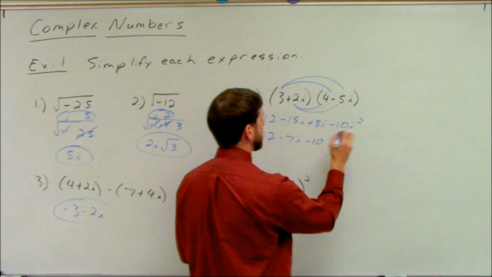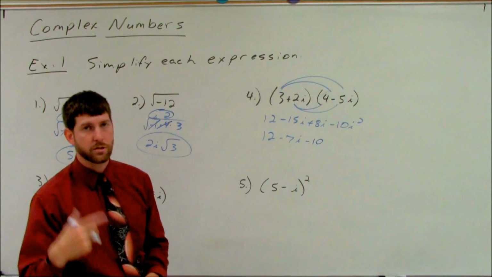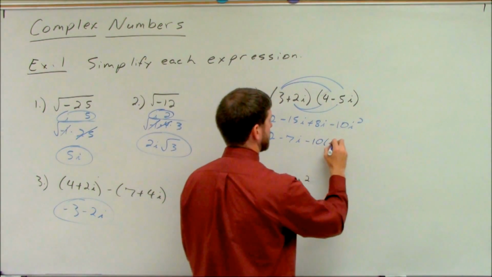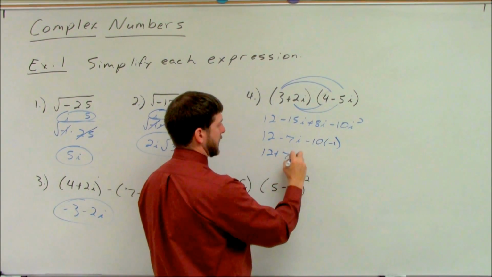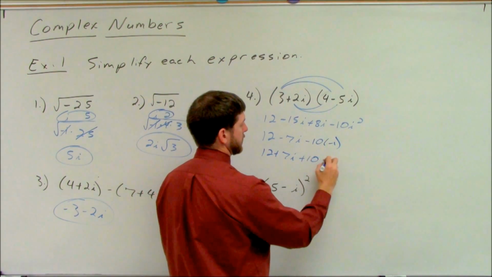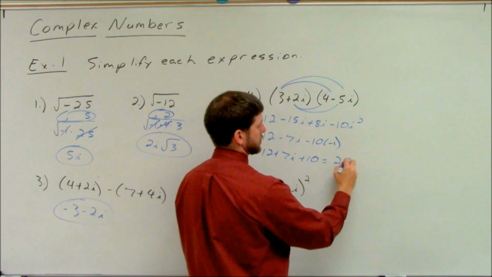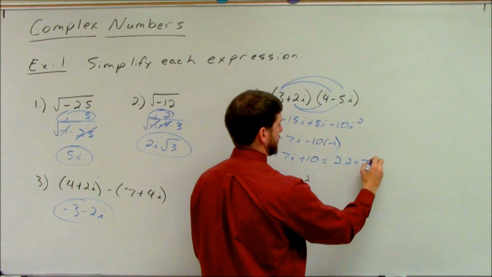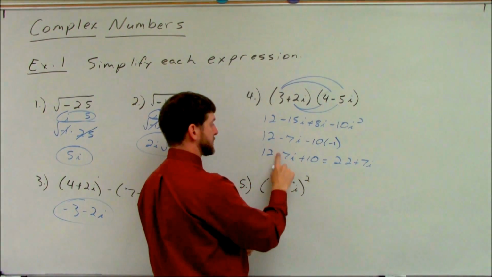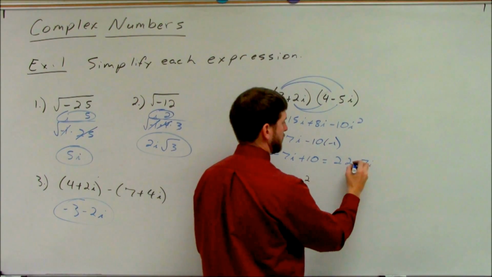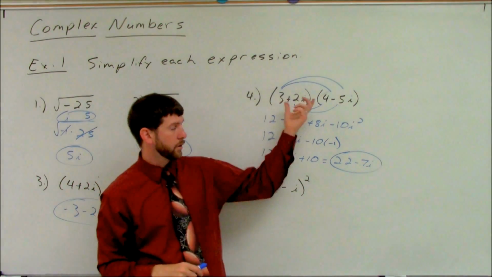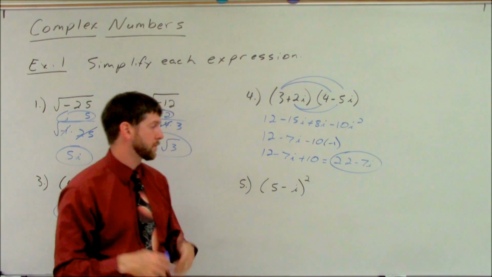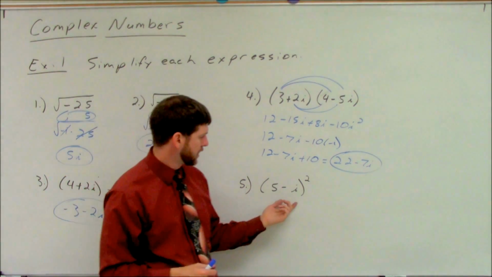Negative 10, but that i squared, we remember i squared equals negative 1. So negative 10 times negative 1 is plus 10. 12 and 10 is 22 minus 7i. So the product, the sum of complex numbers will be complex numbers.